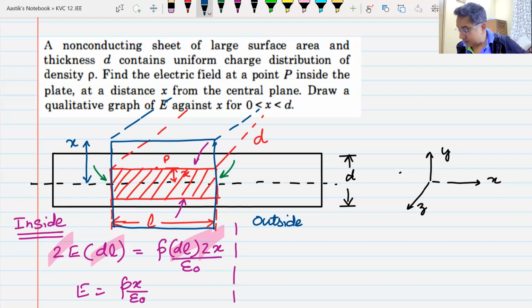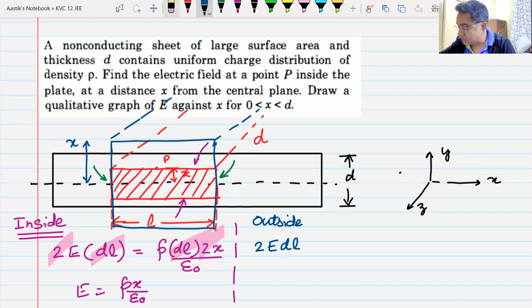Now, if I again calculate the flux, I have to calculate the flux for the upper half and the lower half. And the answer still remains 2 times E into D into L. Do we understand this? Oh, I've taken everything as D. Okay, that is a problem.